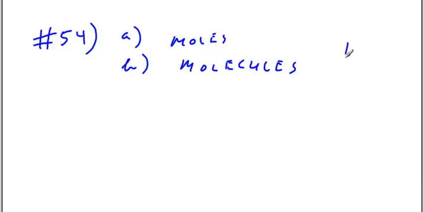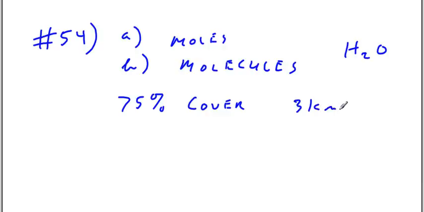Of water, so we want H2O, we don't care about the salt or anything else, in the oceans. Okay, so we're going to assume 75% of the Earth is covered with oceans, and it's covered to an average depth of 3 kilometers.